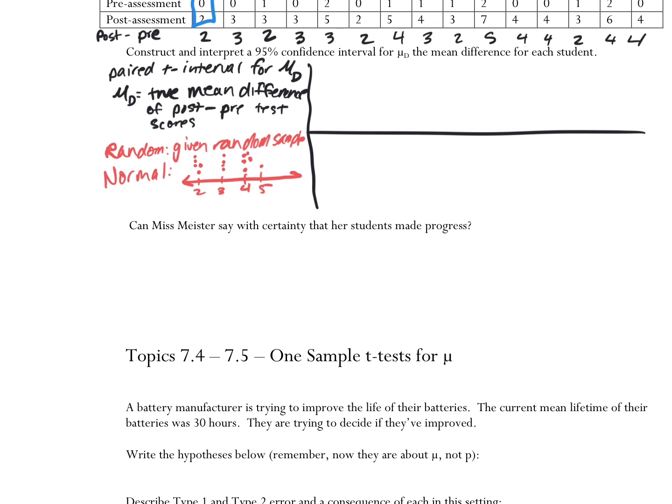And are you guys comfortable calling this mostly symmetric? I'm calling that mostly symmetric. Because remember, not just that we draw the graph, we talk about what we're looking for. And then, 15 is less than 10% of Meister students.